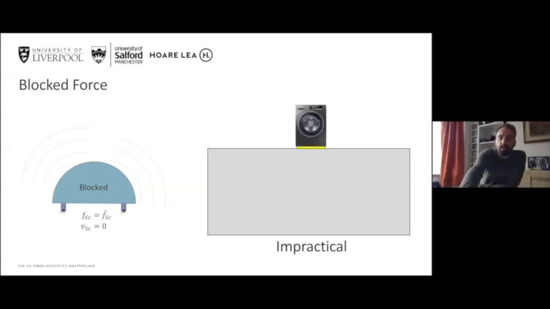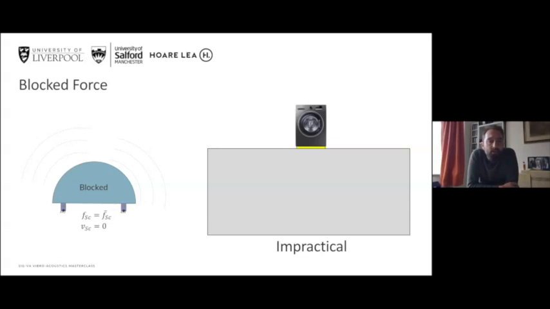So a test experiment would look quite similar to this. Basically, we need the mobility of the support, in this case, to be much, much, much lower than the mobility of the source itself, in order for us to be able to measure the force with that load cell with no movement in the supporting surface whatsoever.